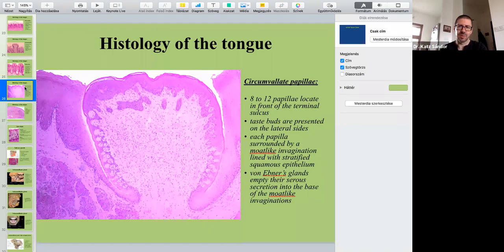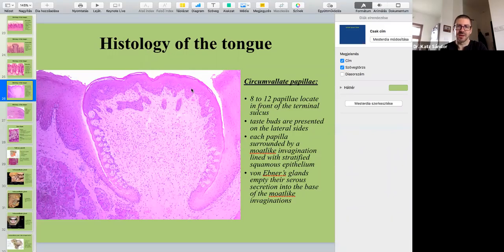So at the tip of the V-shaped terminal sulcus, we can find the remnant of the thyroglossal duct called foramen cecum. In front of them we have huge circular structures called circumvallate papillae.